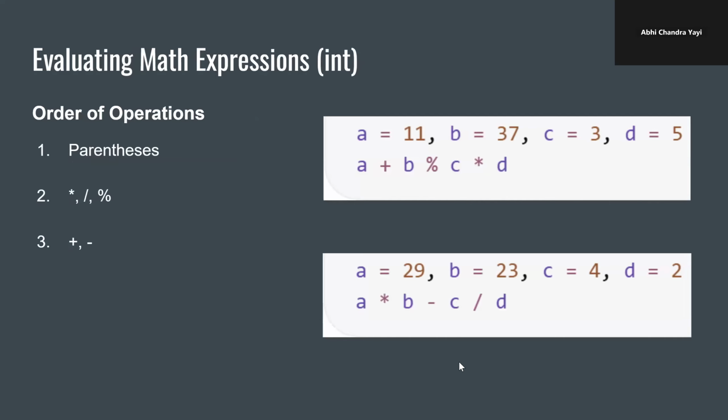Evaluating math expressions. When evaluating math expressions in Java, remember the order of operations. Parentheses first, and then we do multiplication, division, and modulus, and then we do addition and subtraction. If you're working with integers, division will drop the decimal. It does not round, it truncates. So let's look at the first example here. Can anyone tell me what the output is going to be?